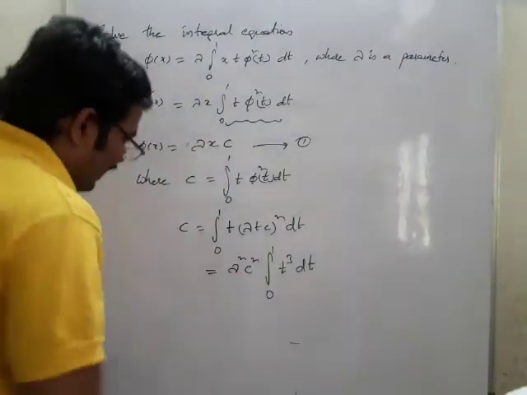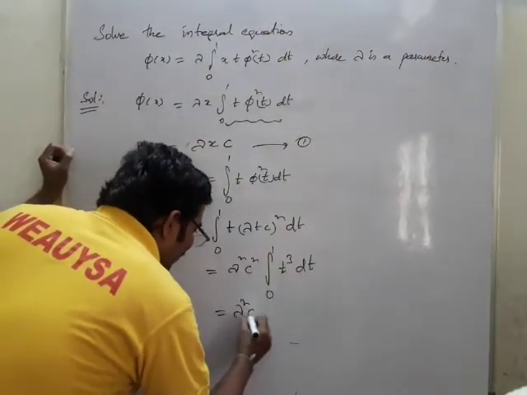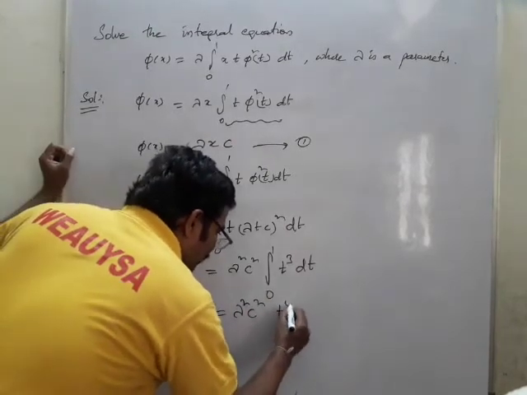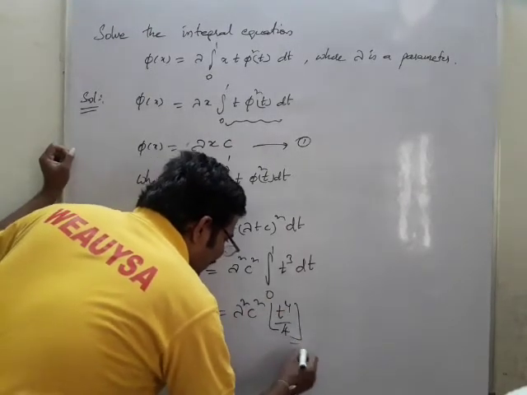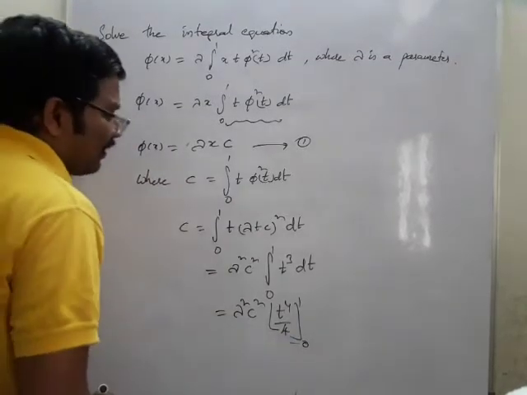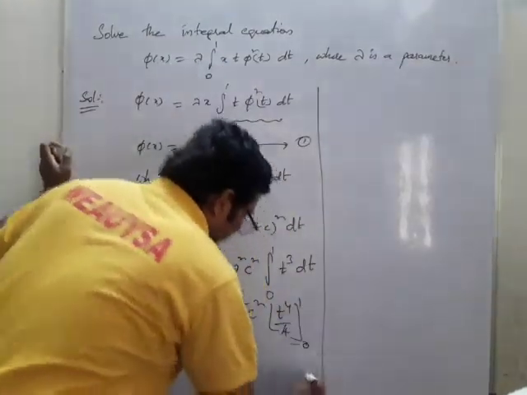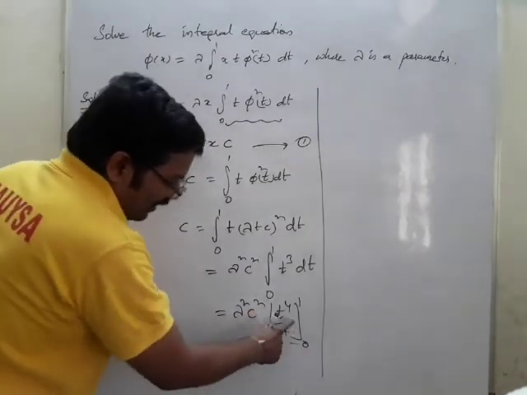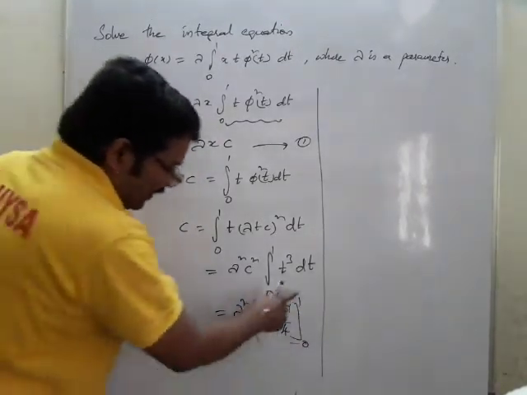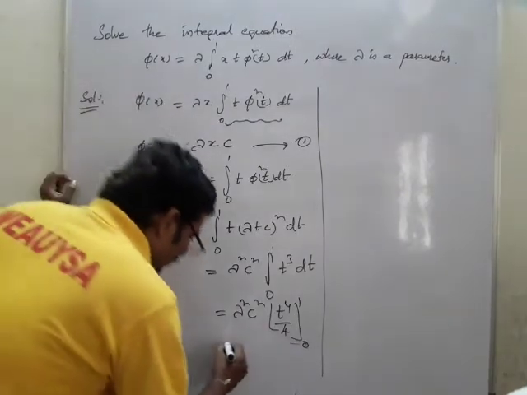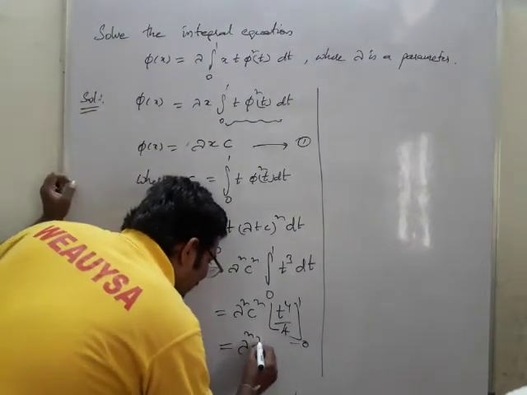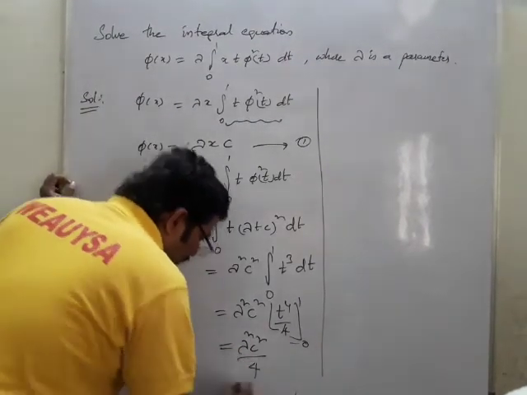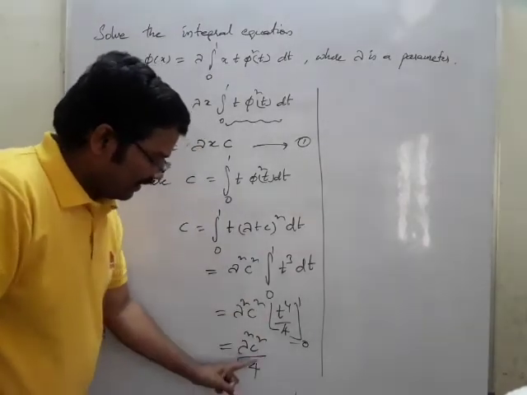Now if you integrate this, it is lambda square t power 4 by 4 under 0 to 1. Now you can understand this is 1 by 4, with the upper limit 1 and lower limit 0. So you will get lambda square c square by 4, because 1 power 4 is 1, and the other one is 0.